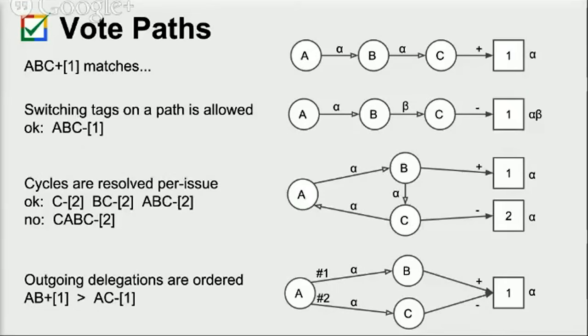Cycles are important, because we allow cycles in your delegate graph. I can delegate to someone, they can delegate to me, we can delegate however you want. And it's all resolved on a per-issue basis. For example, in issue 2 here, C voted on 2, B delegates to C who voted on 2, and A delegates to B, who delegates to C who voted on 2.